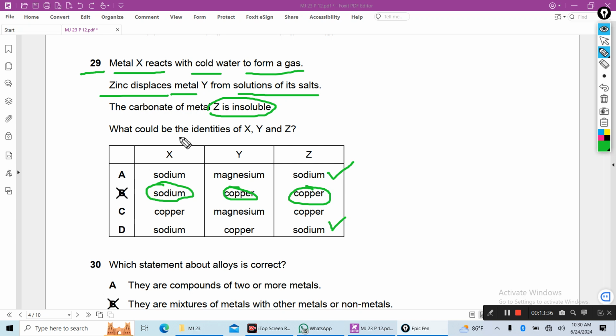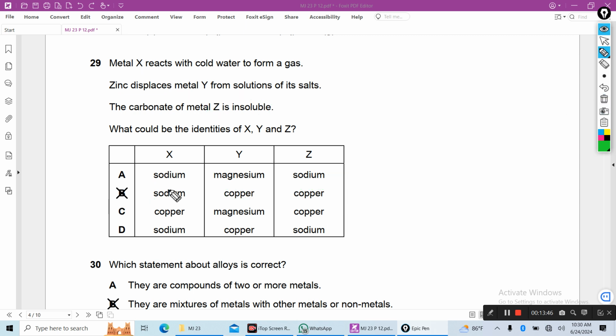Which compounds could be identified as X, Y and Z? So this is sodium, copper, and B is the correct answer.